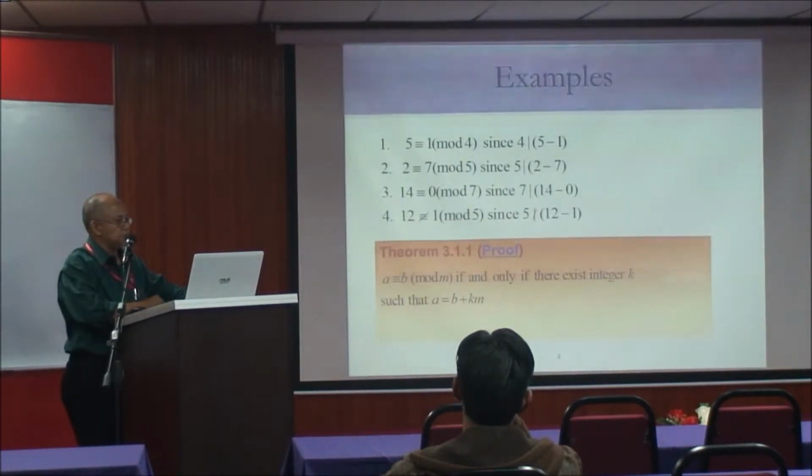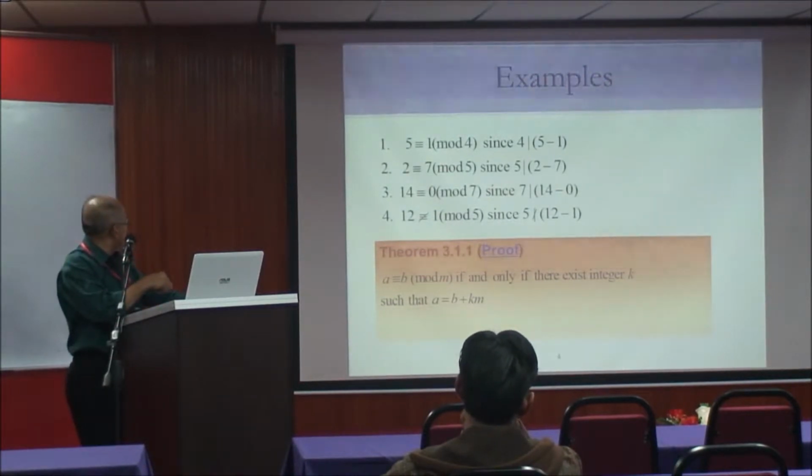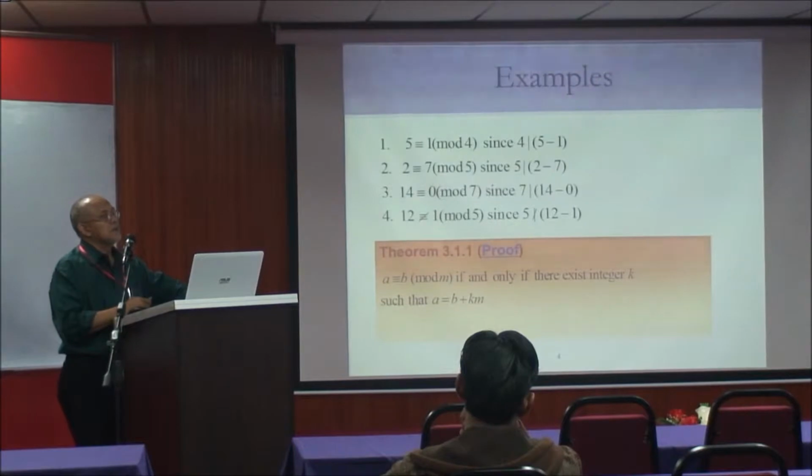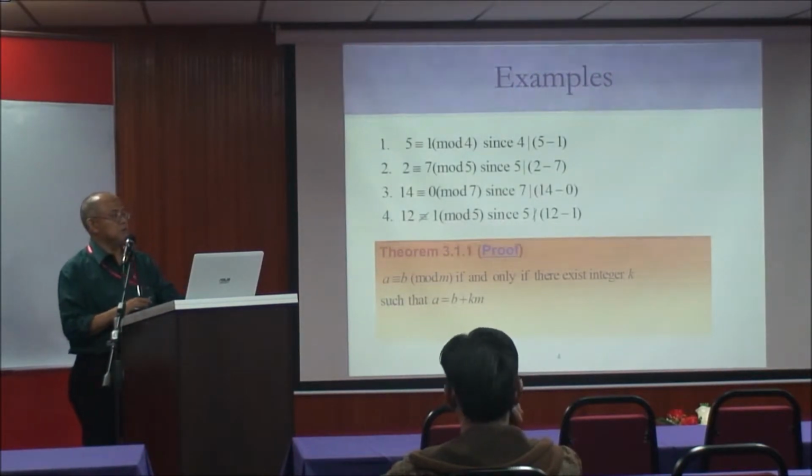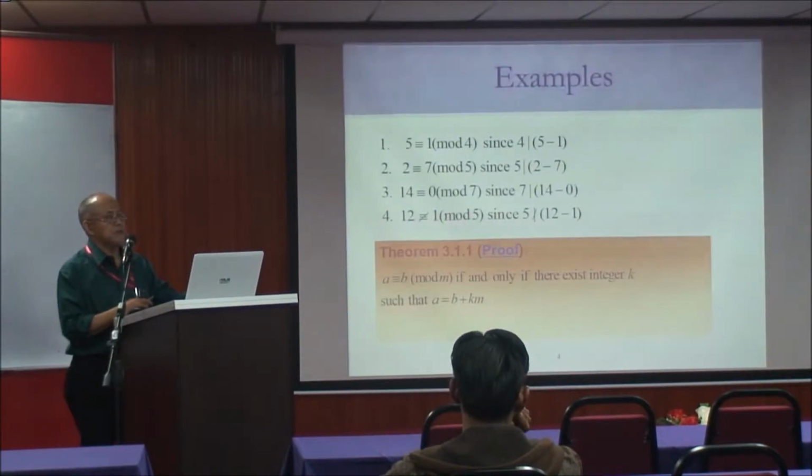Okay, based on the discussion this morning and some familiar notation: A is congruent to B mod M if and only if there exists an integer k such that A is equal to B plus kM.